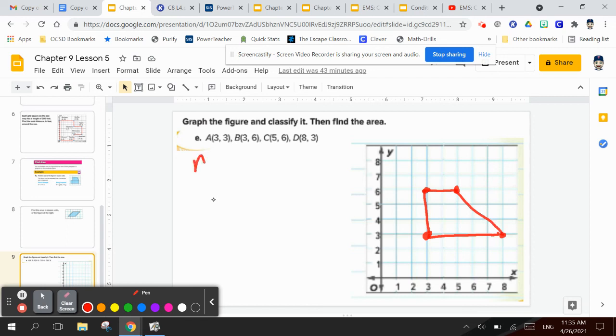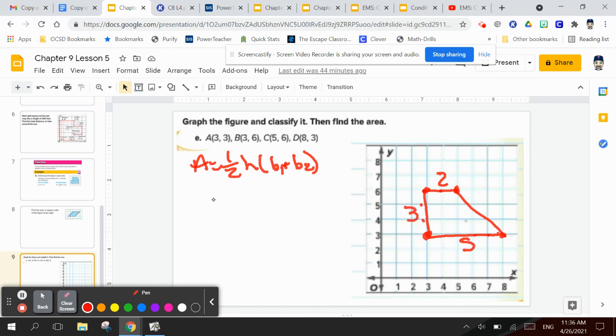So we have to use the area equals 1/2 times the height times B1 plus B2. B1 up top is 1, 2. B2 is 1, 2, 3, 4, 5. The height is 1, 2, 3.